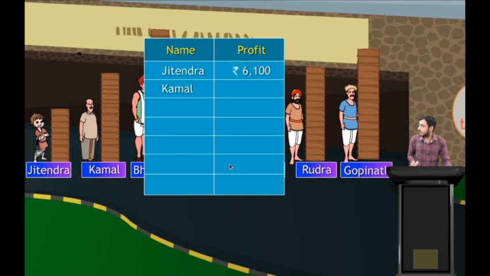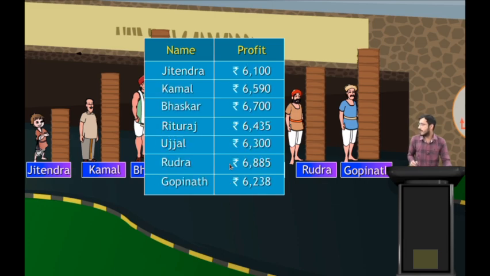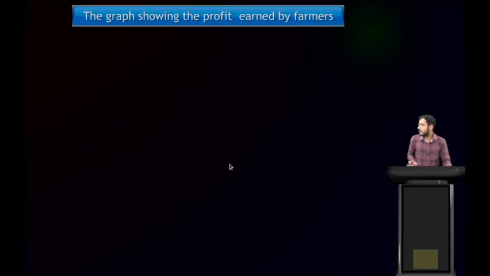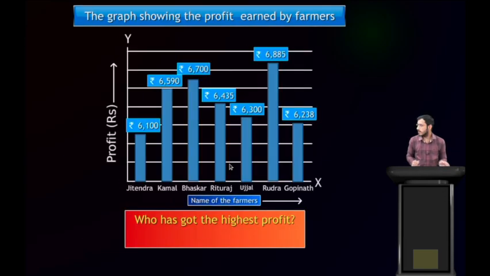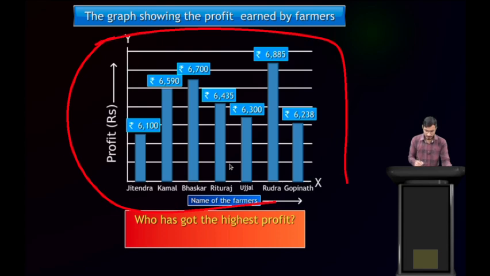So here some names, Jitendra, Kamal, and you can see some profit of farmers here. Now the graph showing the profit earned by farmers. Okay. So here who has got the highest profit? You can see the graph paper here, farmers' names and profit of farmers.